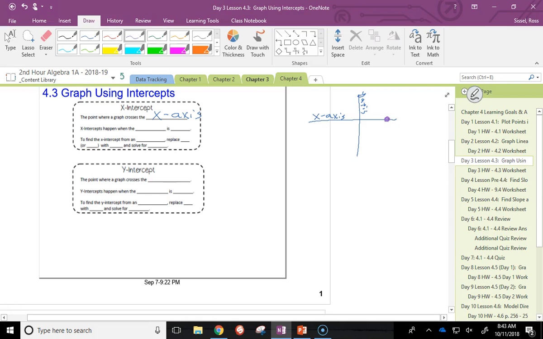When I draw my line, where does it cross it? x-intercepts happen when the x is 0. Oh, nope, I lied. I did this last time. When the y coordinate is 0.